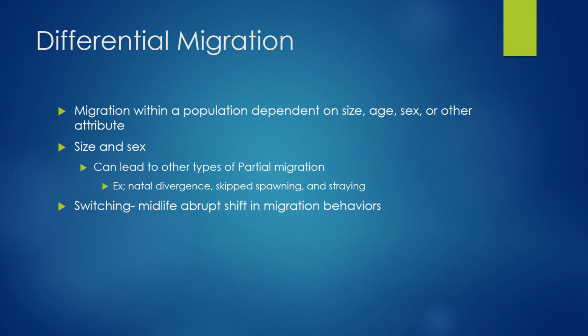Size and sex can lead to other types of partial migration, such as natal divergence, skip spawning, and straying. Switching, which is midlife abrupt shifts in migratory behavior, is a type of differential migration.